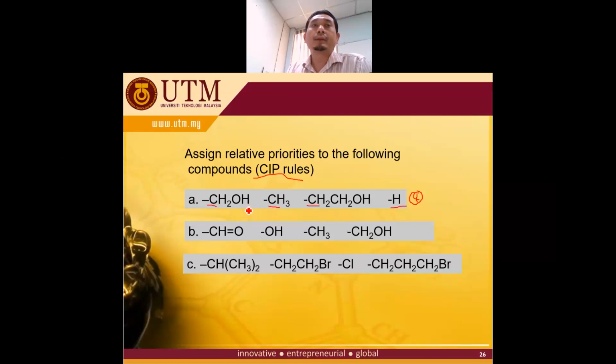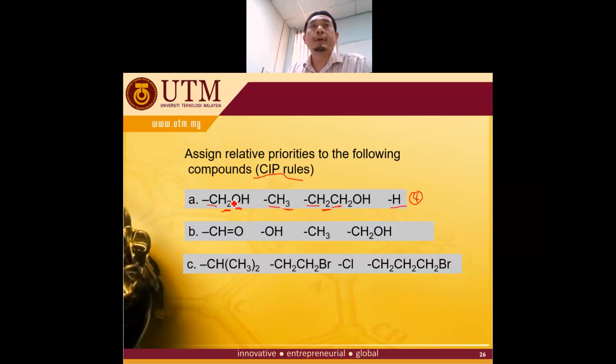We look at the atoms bonded to these 3 carbons. The first one is bonded to oxygen and 2 hydrogens, the second one is bonded to 3 hydrogens, and the third one is bonded to 1 carbon and 2 hydrogens. So we take the highest atomic number, which is oxygen.